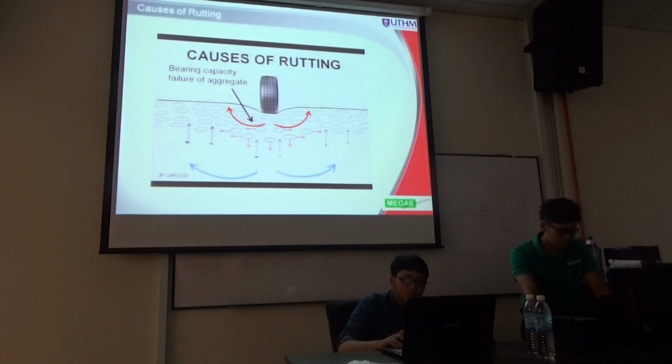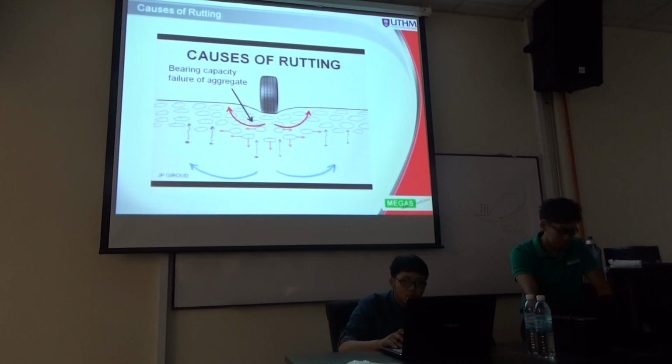So when we talk about deformation, or in engineering terms rutting, what are the causes of rutting? If you look at this diagram, there's a wheel load applied onto the road. When this load is applied, it pushes the aggregate, some of it up at the side here.